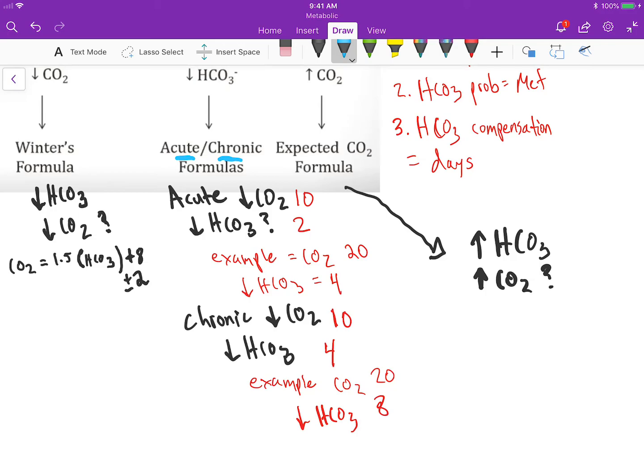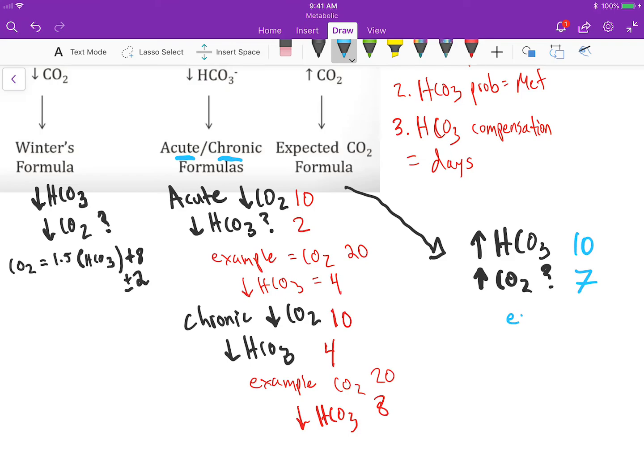That needs to be first identified and stated. So what is the CO2? Well, for every change of 10 in bicarb, you're going to have a change in CO2 of 7. This is kind of the exception to the rule that we saw elsewhere.